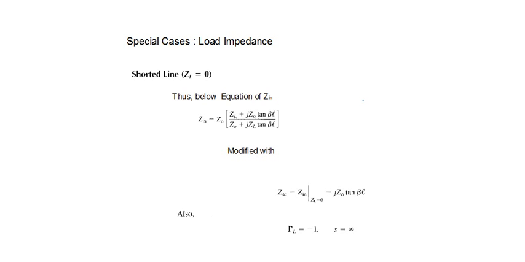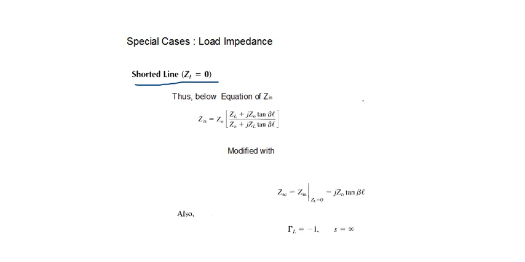First of all, if the load is short circuited, it means in place of load we are connecting a conducting line between the two terminals of the transmission line.